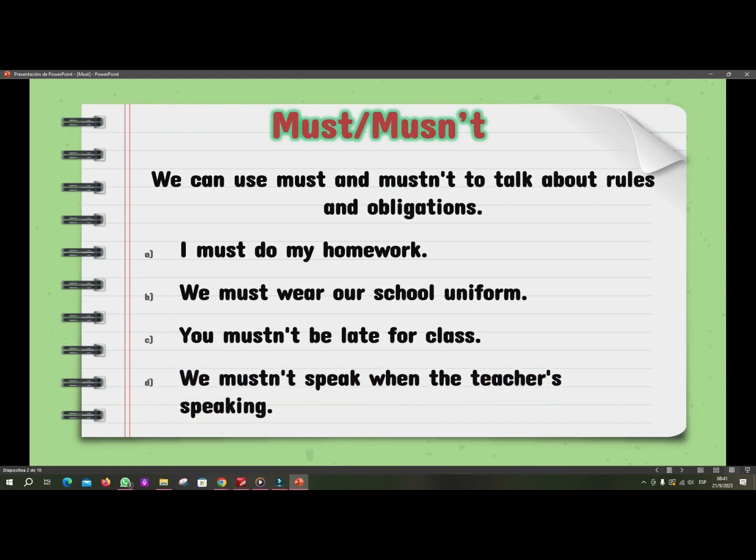We mustn't speak when the teacher's speaking. Also, that would be like a prohibition, right? Or it would be like a rule. We mustn't speak when the teacher's speaking, right? So in that case, we can use must and mustn't for rules and obligations.